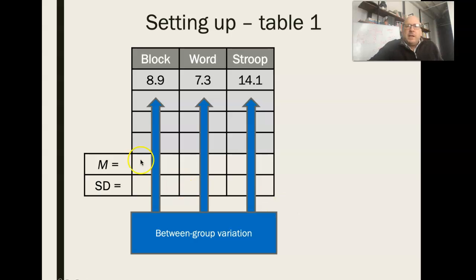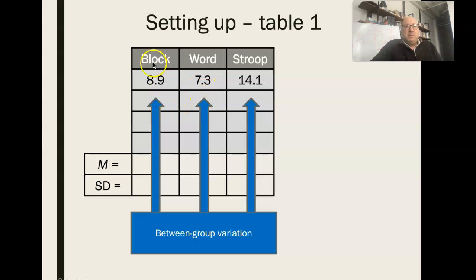So look at this. 8.9 is definitely not the same as 7.3. Why is that? Is that because there's something fundamentally different going from block to word, or is it error? In other words, is Maddie just a little bit slower than Vanessa?